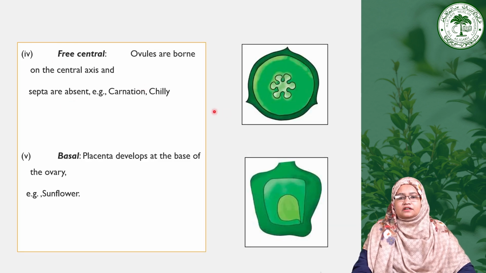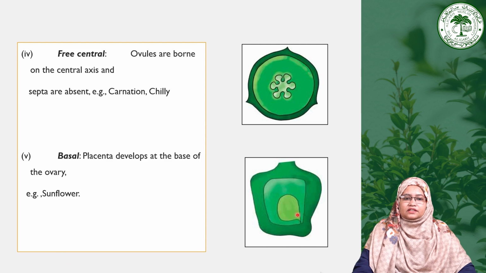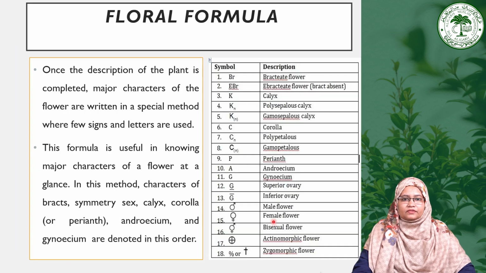Then free central, when the ovary is unilocular and ovules are borne at the central axis. And basal, when the ovules are attached at the basal position, as in case of sunflower or Gamini.